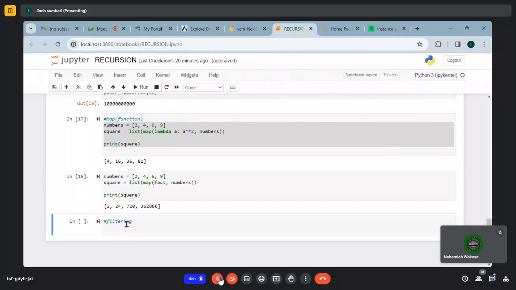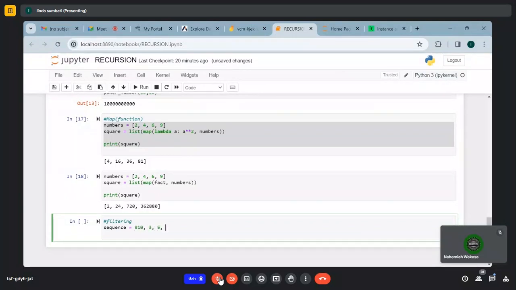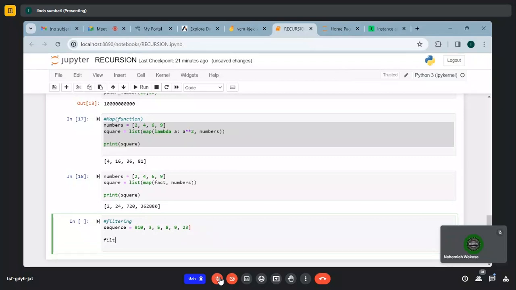So for example, let's try it on a sequence. Let's say our sequence has 10, 3, 5, 8, 10, 9, 23. So let's call a variable filter.